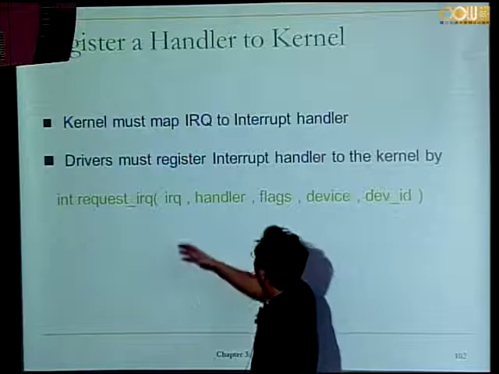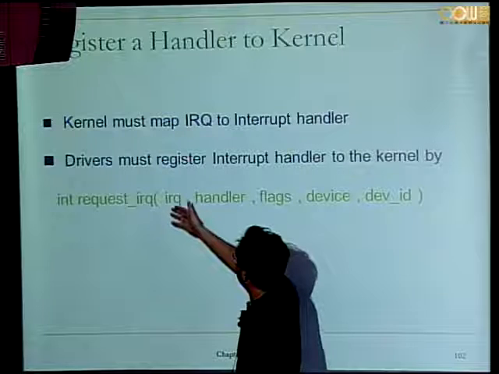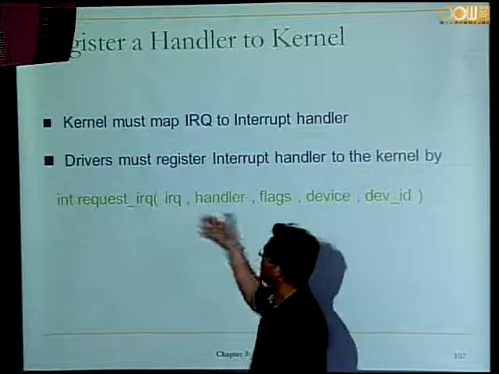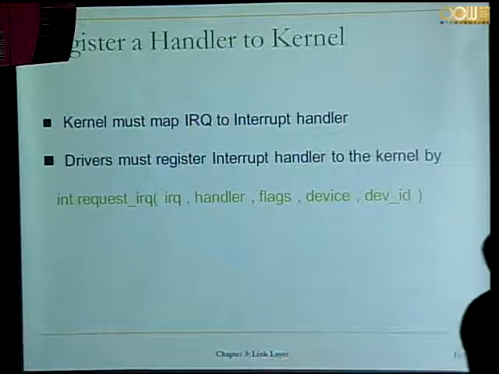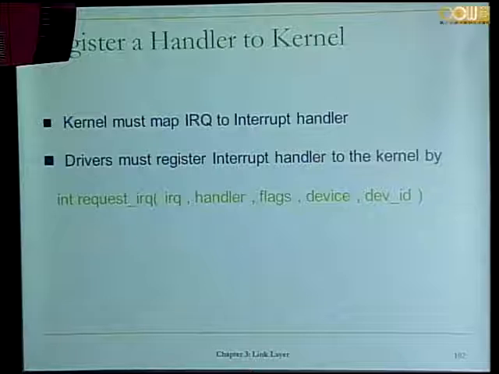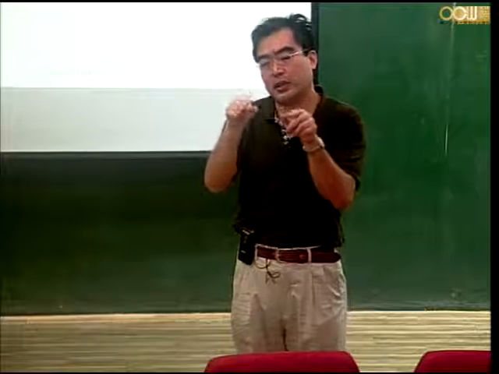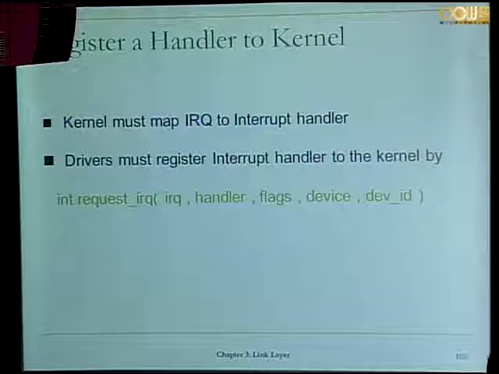I would say IRQ number 3 is handled by this handler, and I need to register this information to the kernel. Once you issue this in the initialization process, the interrupt vector will fill up the address of the handler for IRQ, say number 3.